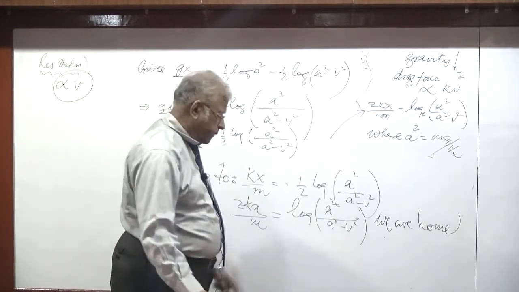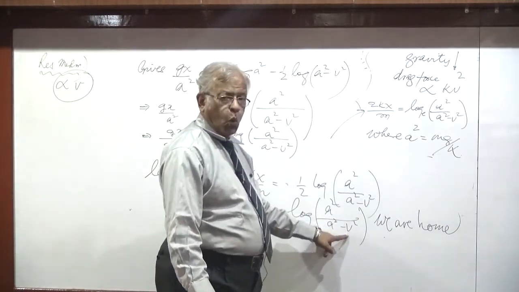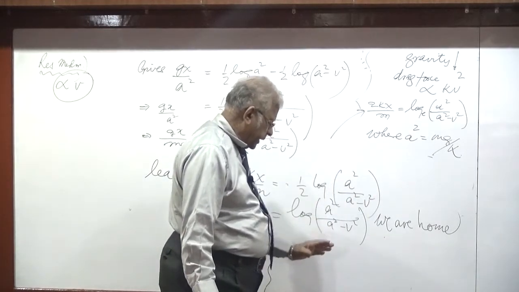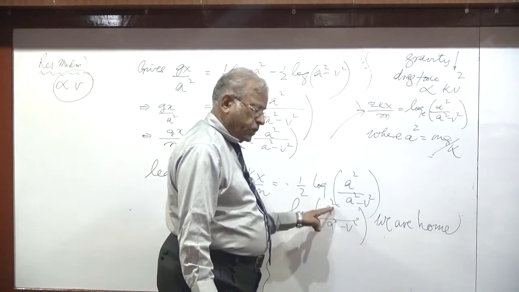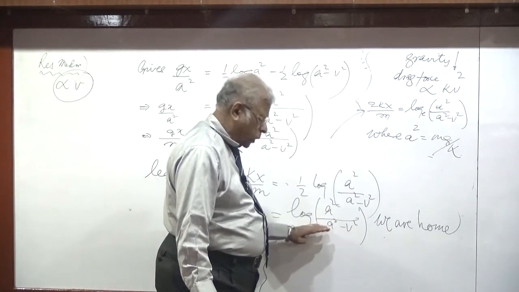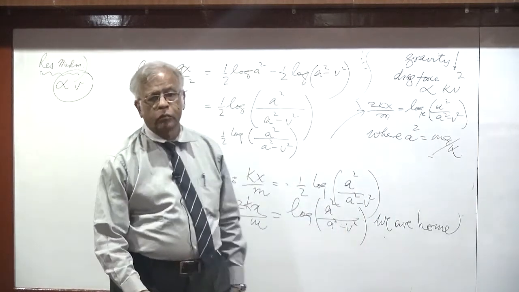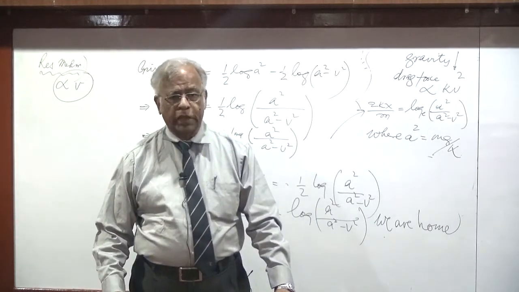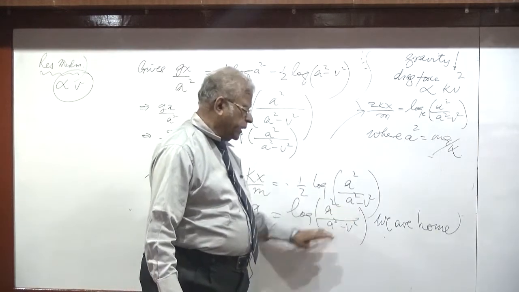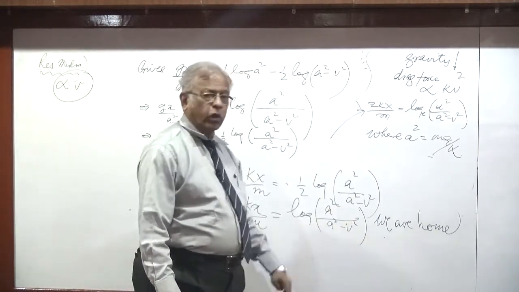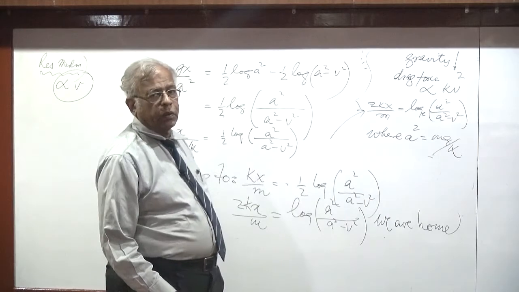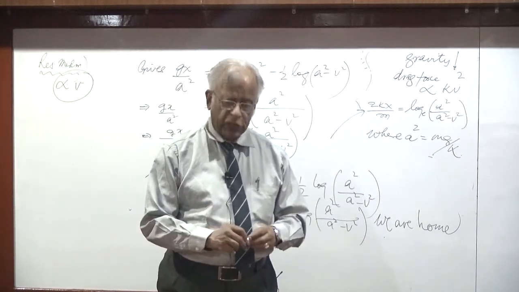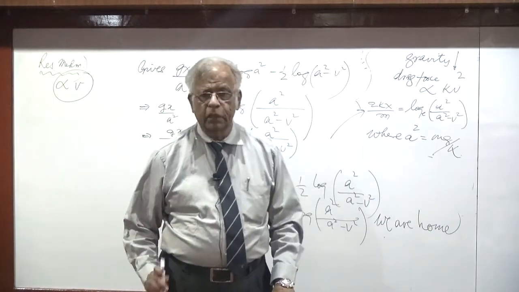Thereafter, v starts to grow, and the term here is something that is this over something smaller. So what we have inside is more than 1. It is not a fraction, it is more than 1. Had it been a fraction, then it would have been a negative quantity with the log. That is not a tenable situation. So this solution is perfectly all right.